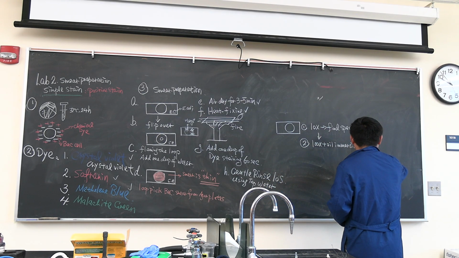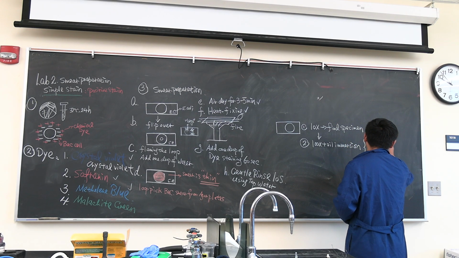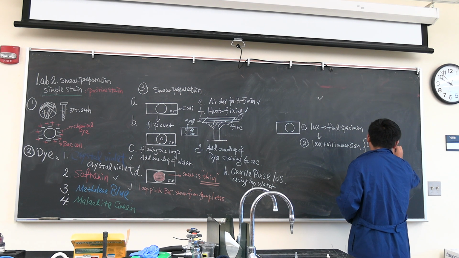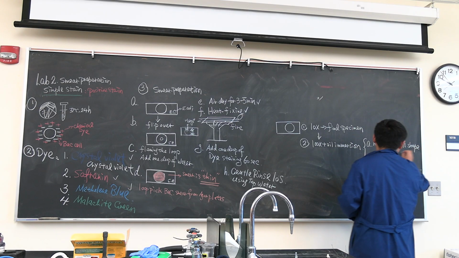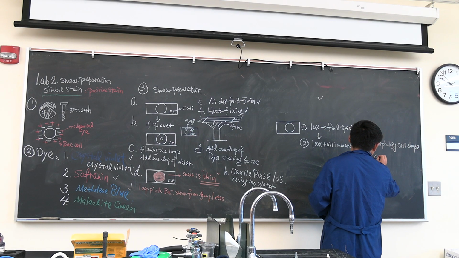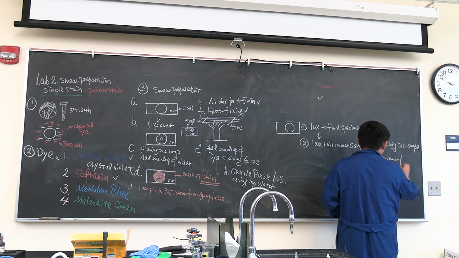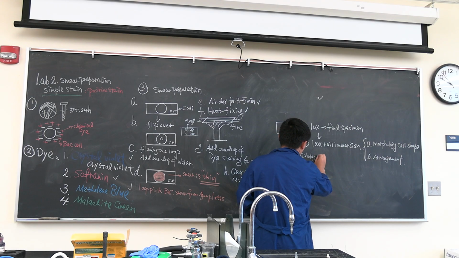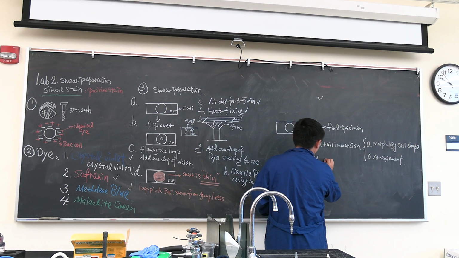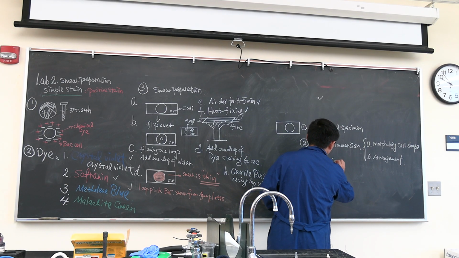You are going to see two important pieces of information: morphology, which means the cell shape, and also the arrangement. What is the morphology? Dots, we call it a coccus.